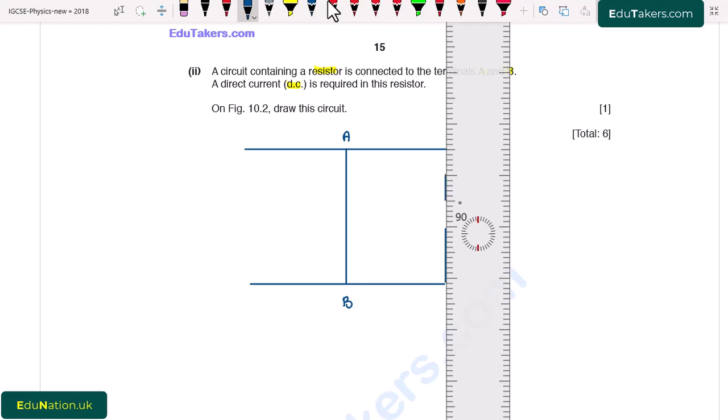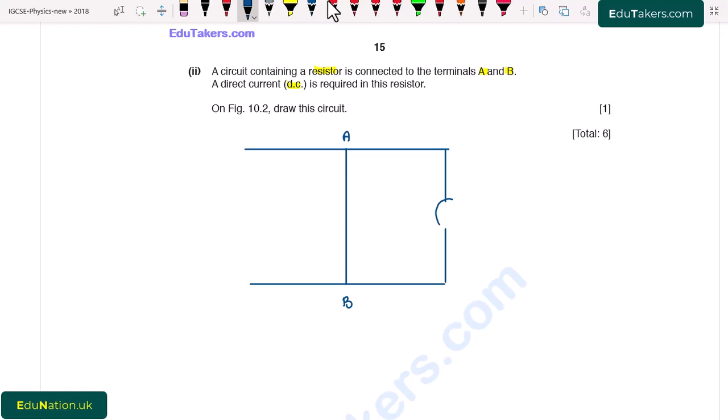This galvanometer is basically used to measure current. So it's a galvanometer.